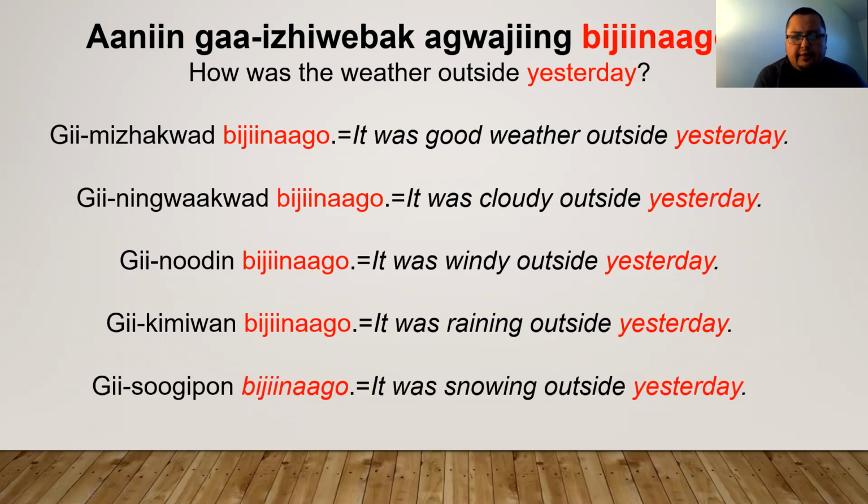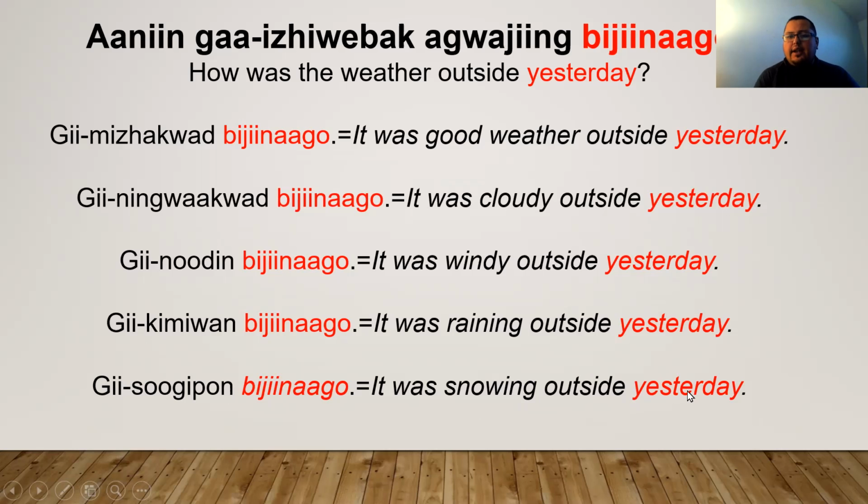And here's another example of initial consonant change. When we do our tense markers, some of these first letters change. Consonant G changed to K. Consonant Z changed to S, so it flows a little better. So we have Gisugipun bijinago. It was snowing yesterday. Or if you want to add the word agwajiing, Gisugipun agwajiing bijinago.